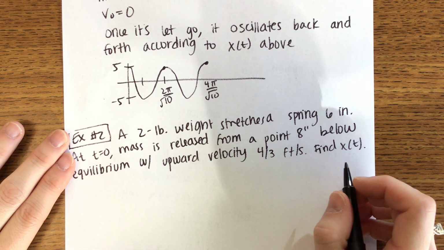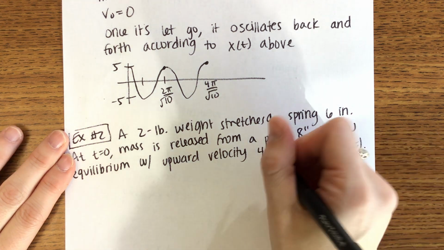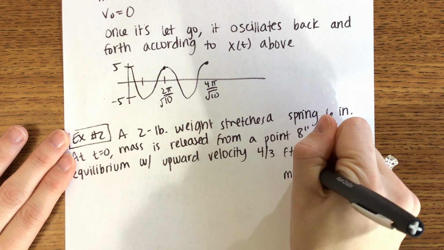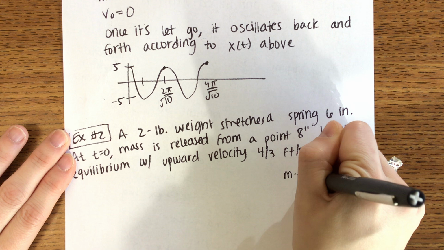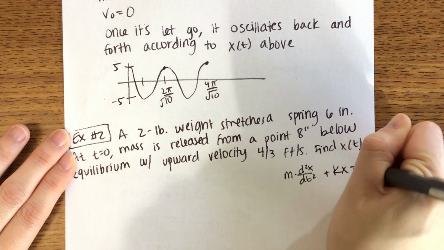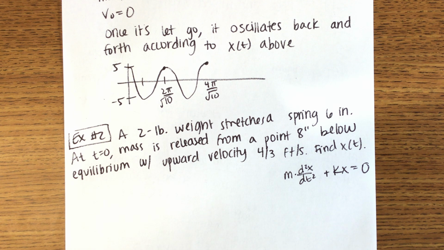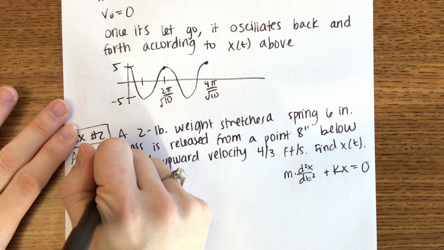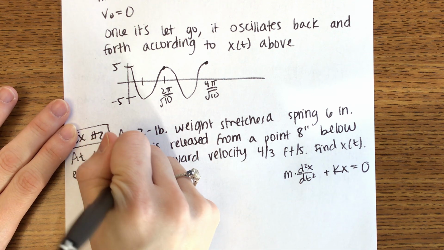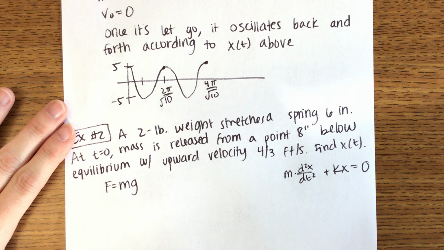Okay. So the general equation that we started with at the beginning of the notes looks like this. So we need to find m and we need to find k. Okay, this is one that we looked at, F equals mg.